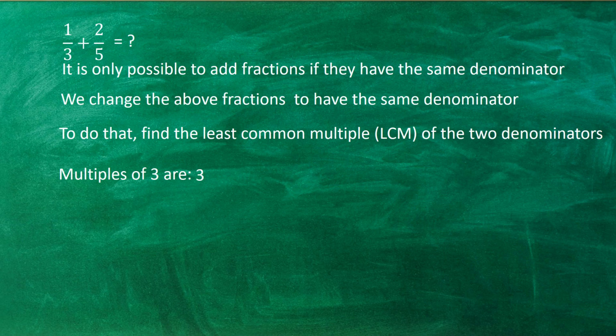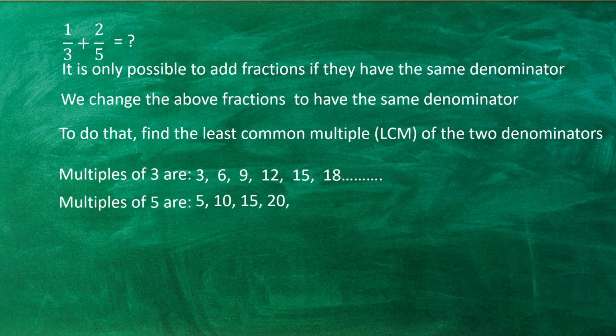Let us list 3, 6, 9, 12, 15 and 18, and then let us also list the multiples of 5, which are going to be 5, 10, 15, 20, 25. You could go on and on. Now clearly you can see that the common multiple that is the lowest is actually 15.